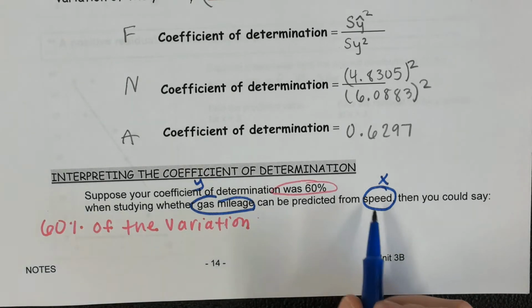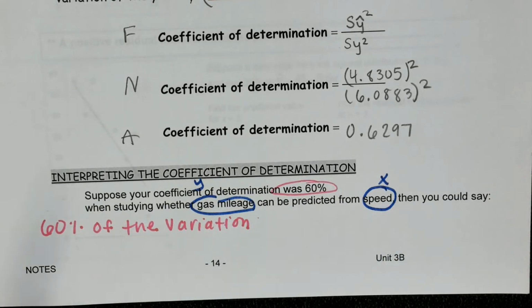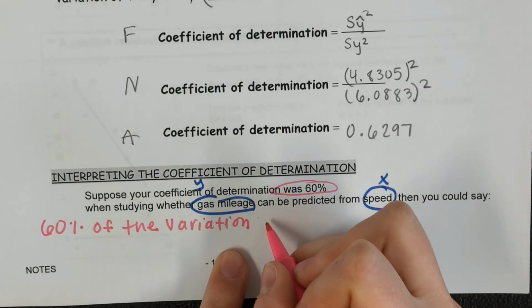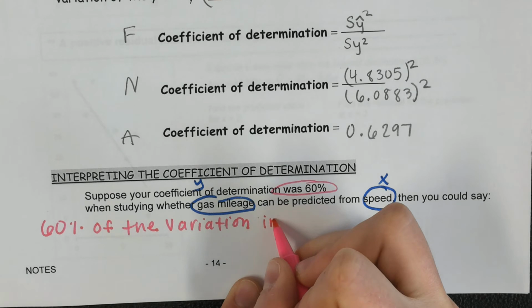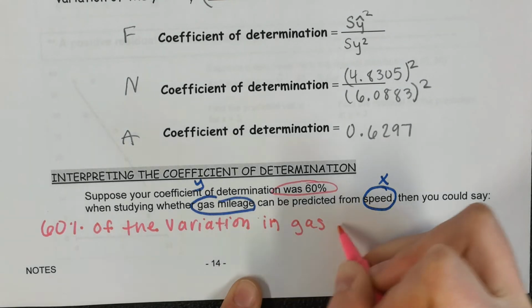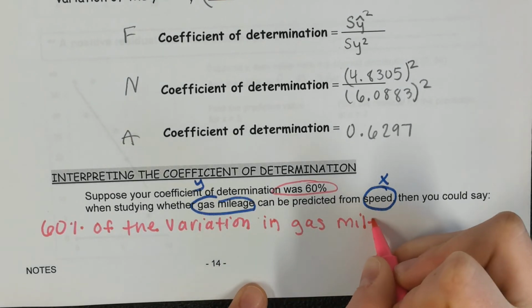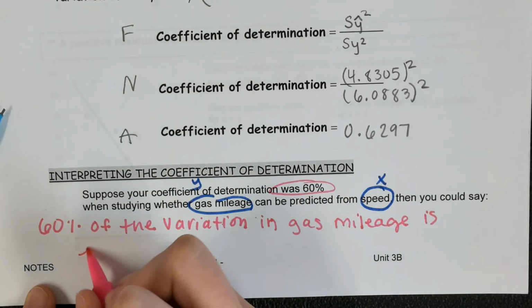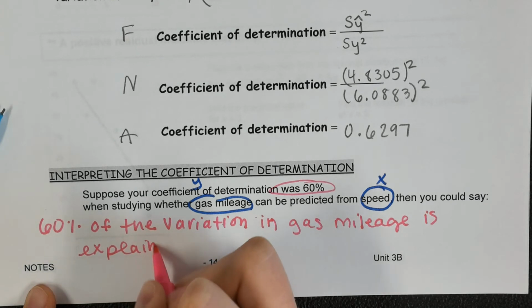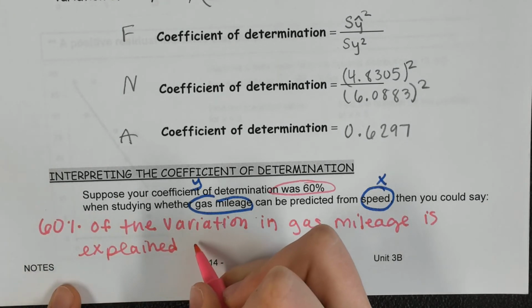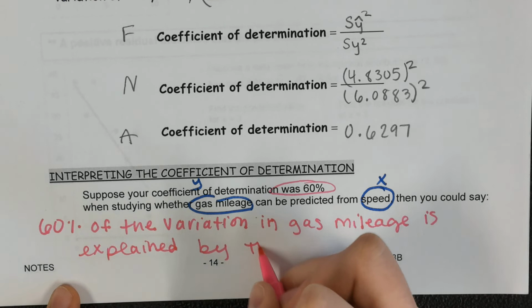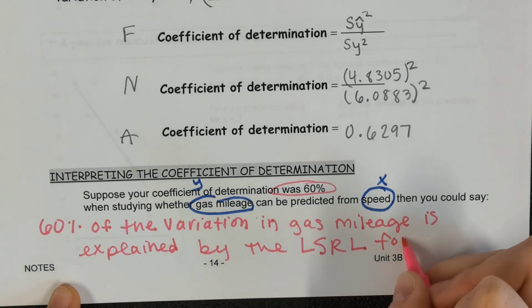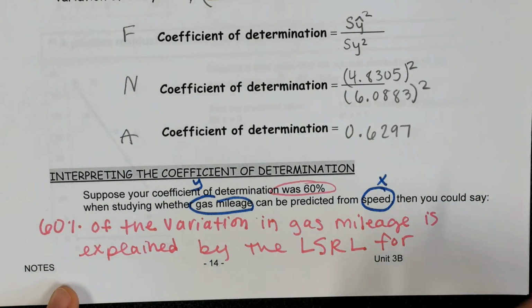Does speed predict or explain gas mileage? So 60% of the variation in the response variable, which is gas mileage, and then up there it says is explained by the least squares regression line for, and what is our least squares regression line?